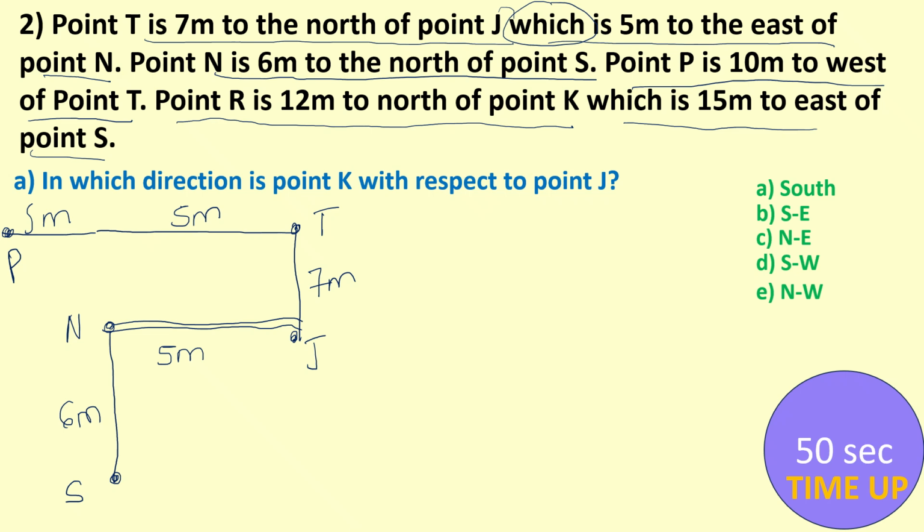K is 15 meter to the east of point S. If this is 5, then 10 more we need. So 10 more meter will make the total 15 meter, and this will be point K. Now point R is 12 meter to the north of point K.